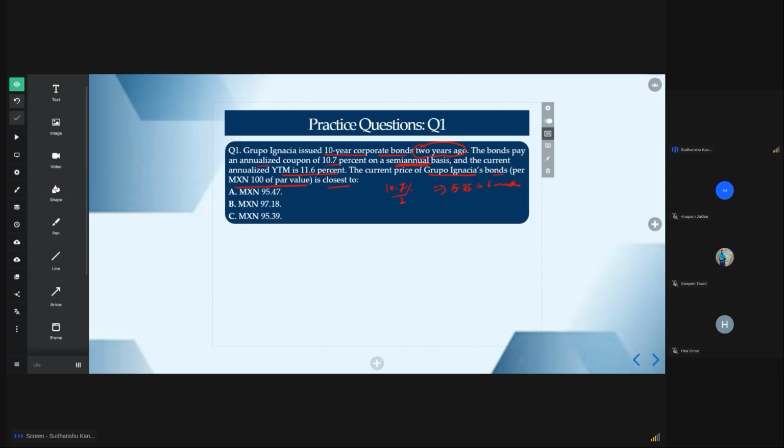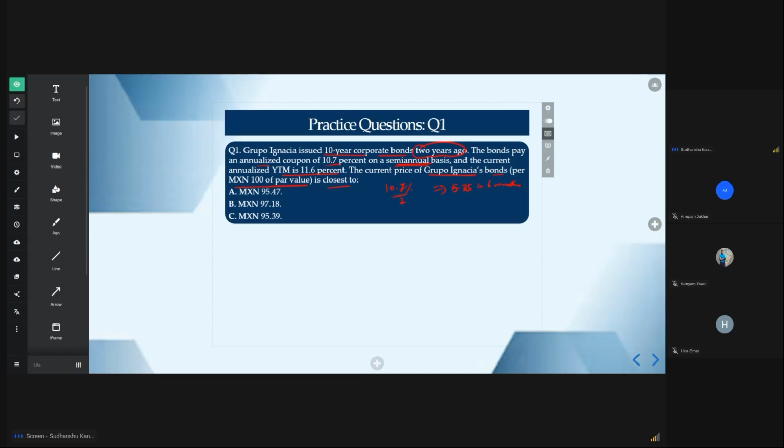We have time also, and as I told you, CFA is all about practice. 40% of your time you should dedicate to theory, 40% to solving questions, and 20% to revision. So it has to be very active learning. You cannot do passive learning.